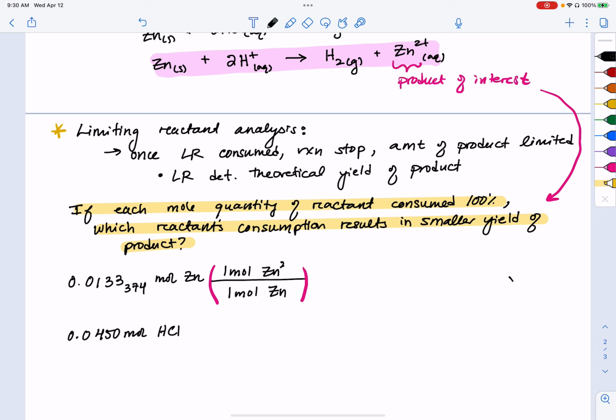So these things react in a 1-to-1 ratio, meaning that the mole quantity of zinc ion that could be made if all of my zinc metal is dissolved is going to be the same as the amount of zinc metal that was dissolved, which makes sense, right? All of the zinc ion in solution had to come from all of my zinc metal. So 0.0133374 moles of zinc ion.